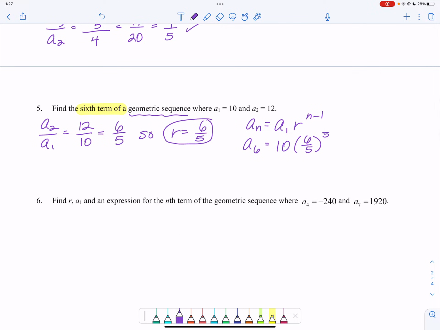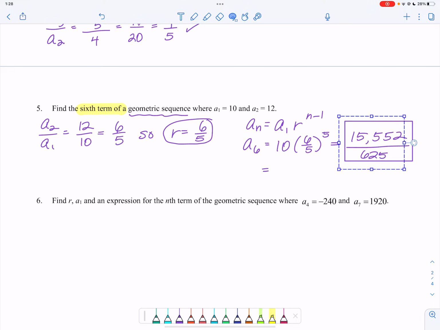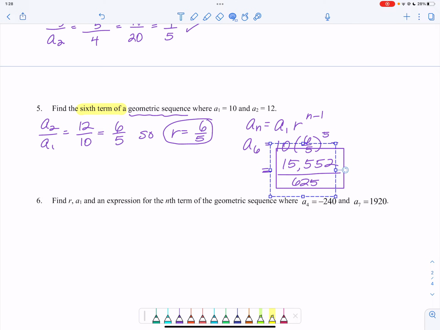And if you put that in your calculator, you should get a big number, 15,552 in the numerator, divided by 625. And that is a sub 6. I think I might move that down here.